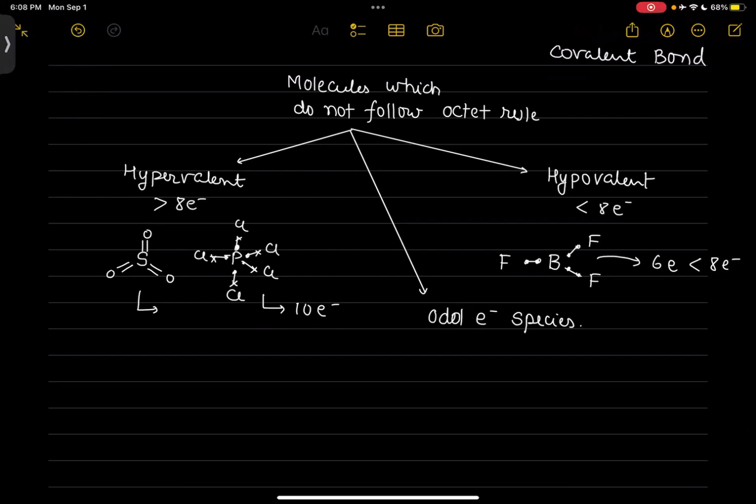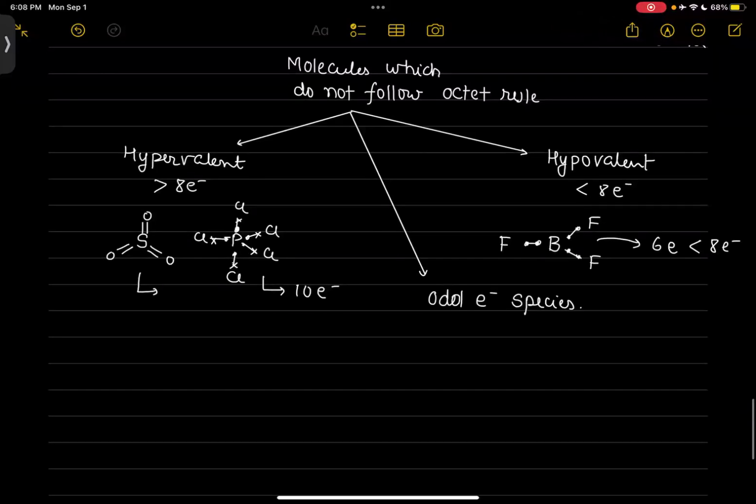All the valence electrons are pairing with the valence electrons of other atoms in order to complete the octet. But sometimes you have more than 8 electrons after bonding, or more than 4 bonds. Wherever you have 5 bonds, 6 bonds, or SF6 if you take, these are the species where the octet rule is not being followed.